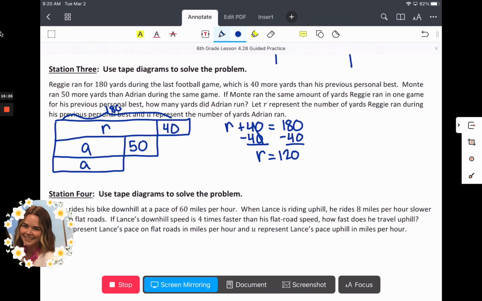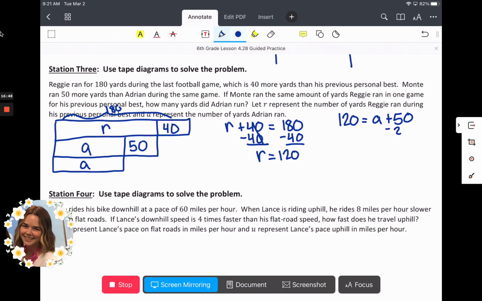So we know that R equals 120, and we also know that Adrian plus 50 yards is the same amount as Reggie's previous personal best. So we could also say that 120 is equal to A plus 50.